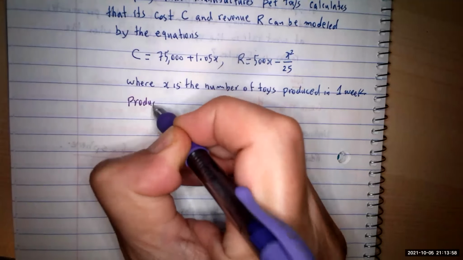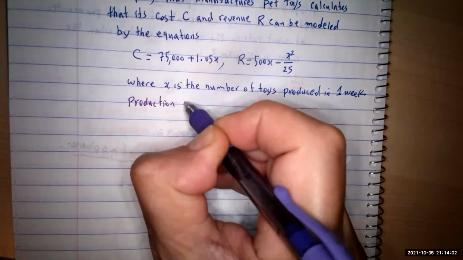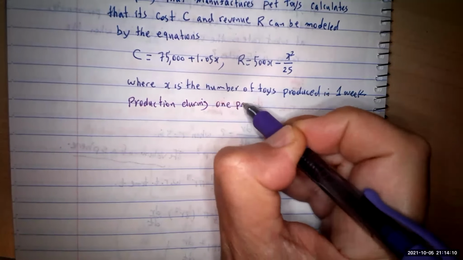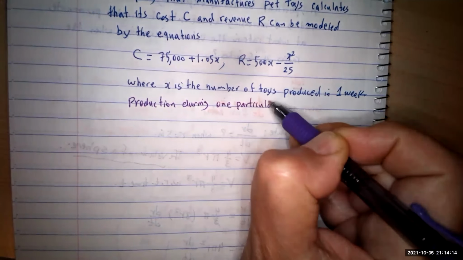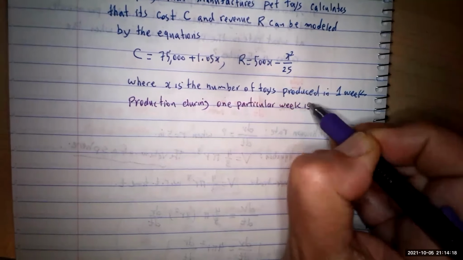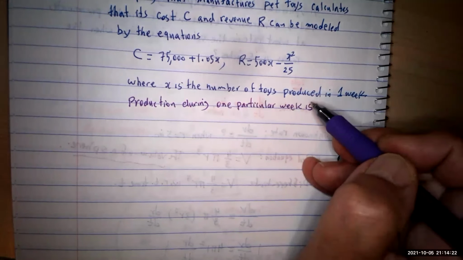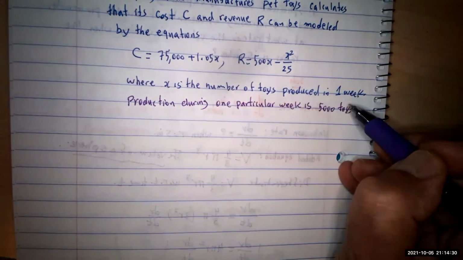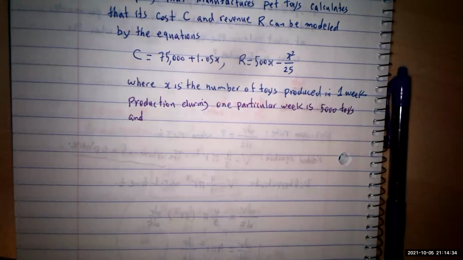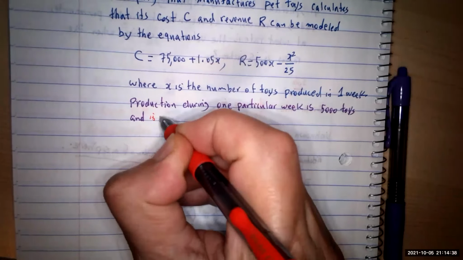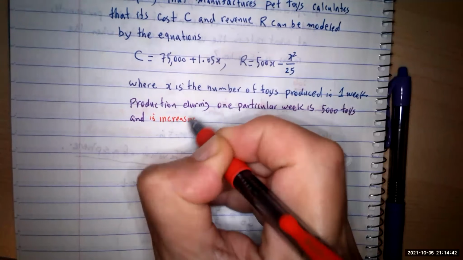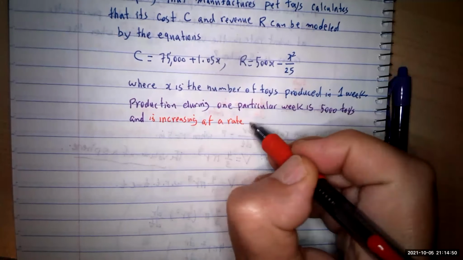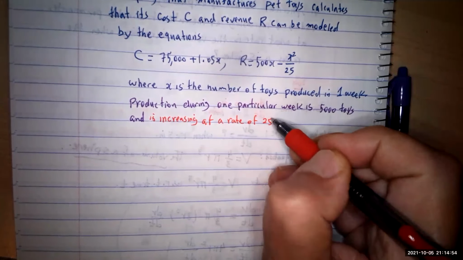So production during one particular week is, that's the important part, 5,000 toys, and look at this part, is increasing at a rate of 250 toys per week.